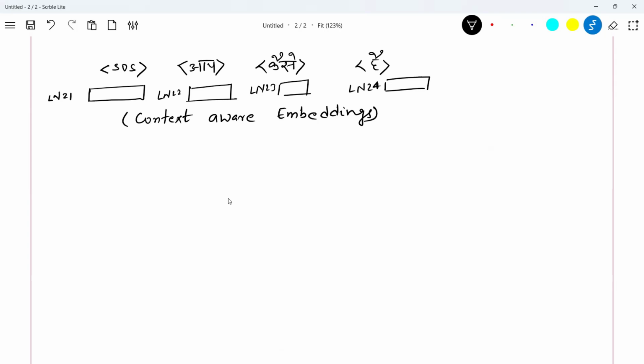Now the thing is, how do you make the prediction? Fine. So this is your actual training data, right? You can think of this as your training data, and your model is training.